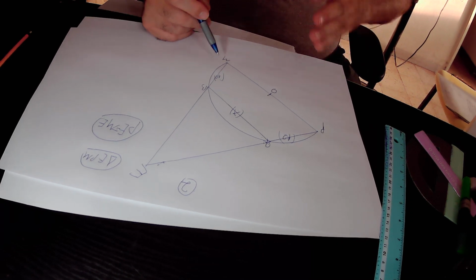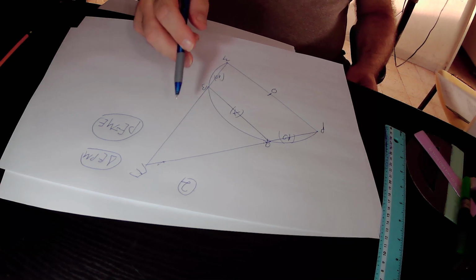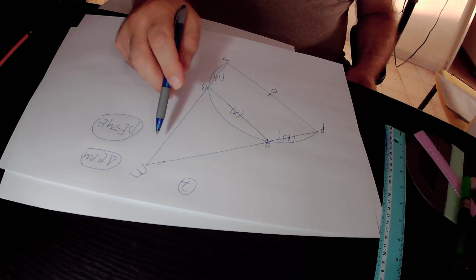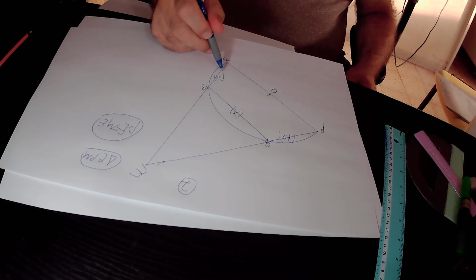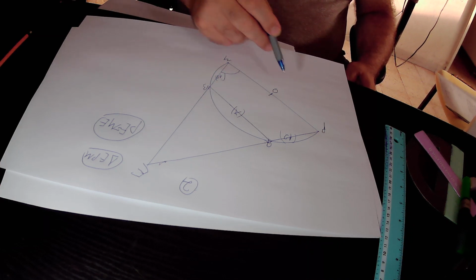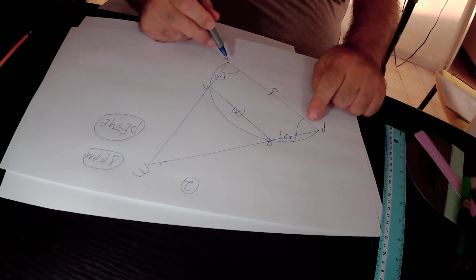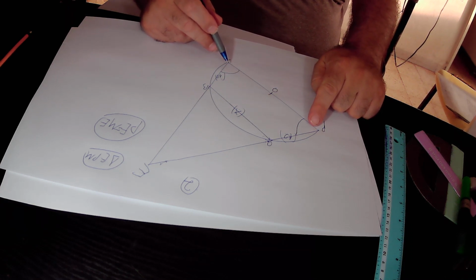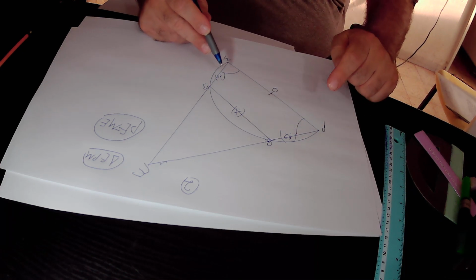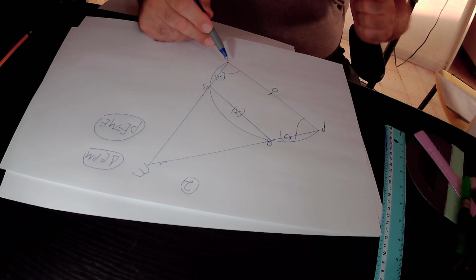According to the rule that opposite equal sides in a triangle there are equal angles, we know that EP equals EM. In front of side EP we have angle PME, and in front of side EM we have angle MPE. Because those two angles are located in front of two equal sides, they must also be equal in size.